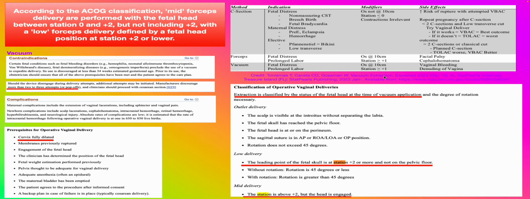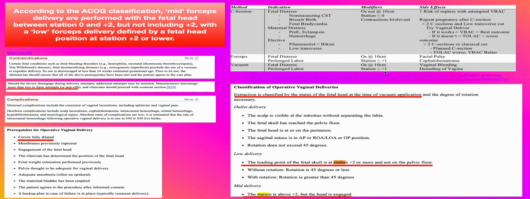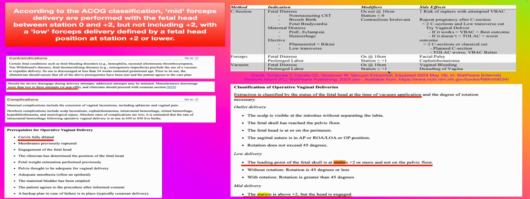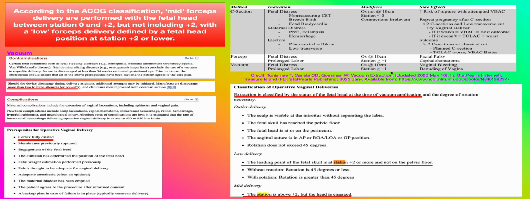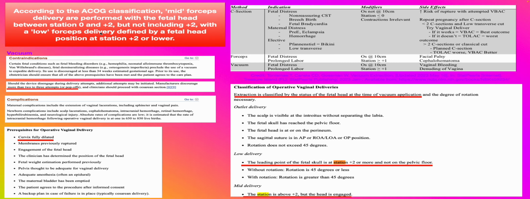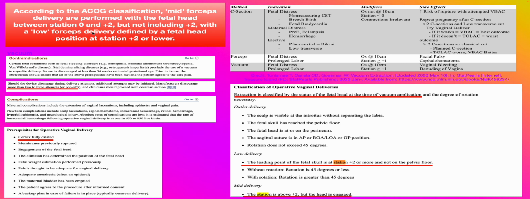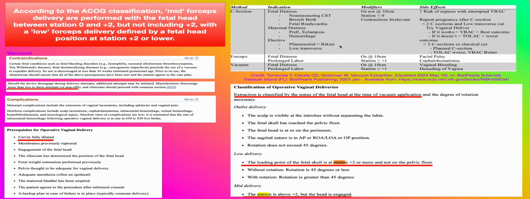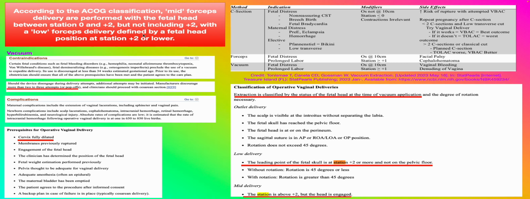And interestingly, the threshold, or the lower bound, for performing forceps and vacuum-assisted vaginal deliveries in this table is actually +1, which is obviously 1 centimeter lower than the criteria mentioned here by ACOG. But I'm going to probably go with ACOG on this one. You can perform a forceps assisted vaginal delivery even if you're at 0 station.